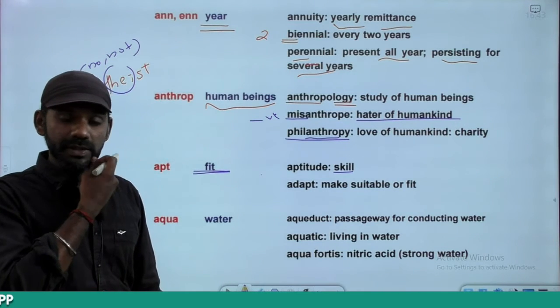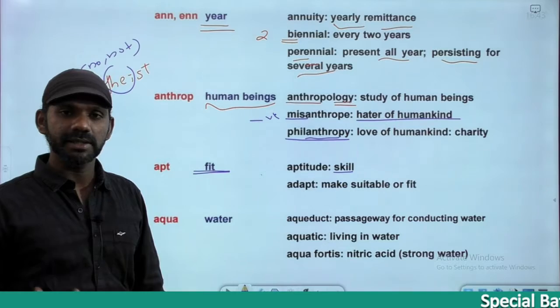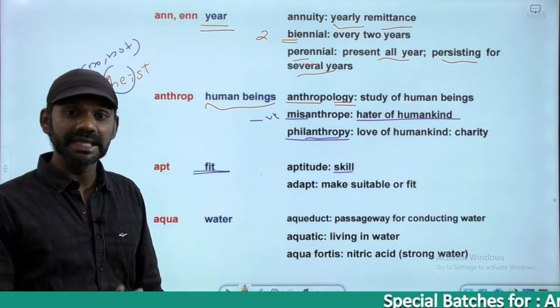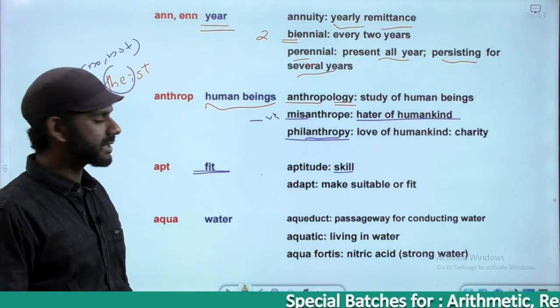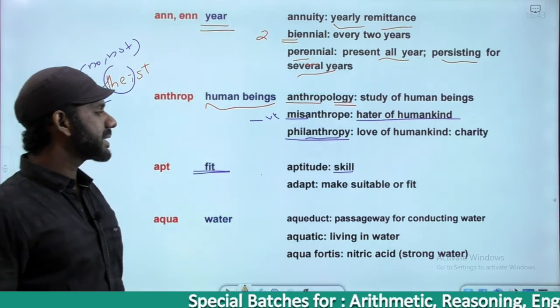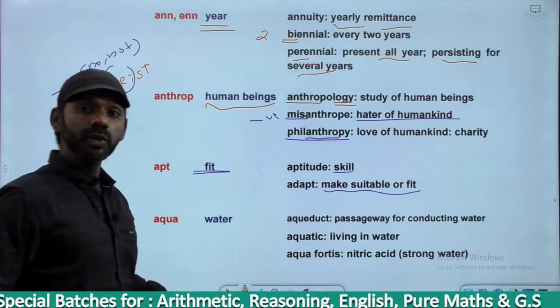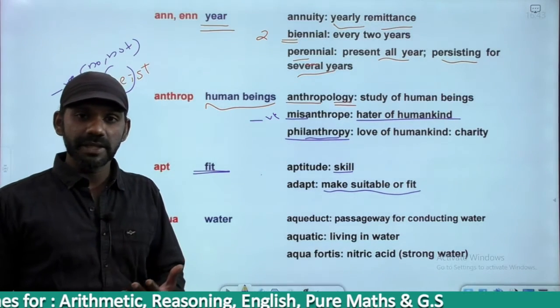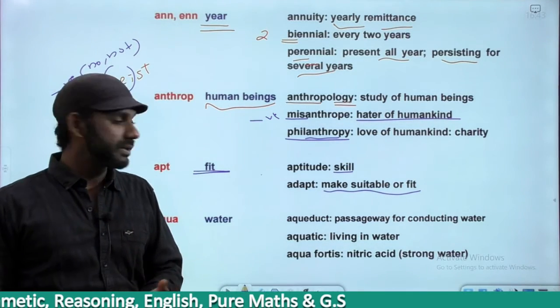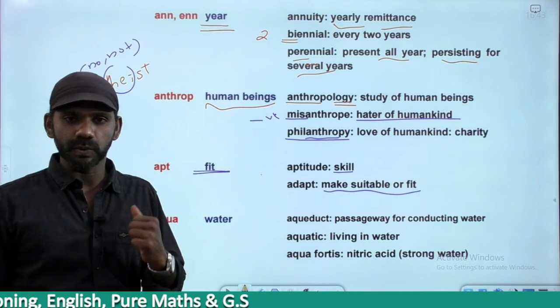It can be any language. Possessing good knowledge of any language is good aptitude. Skill, being talented. Adapt, make suitable. Adapting to the situations means getting used to the situations, getting habituated to, getting accustomed to. That is adapt, getting adapted to.